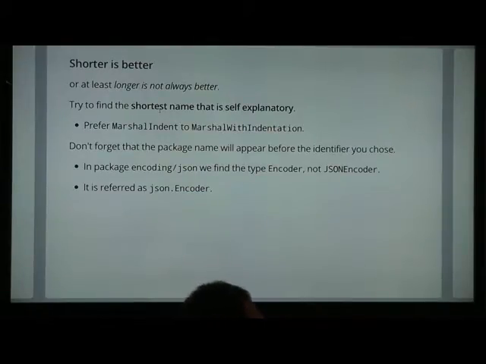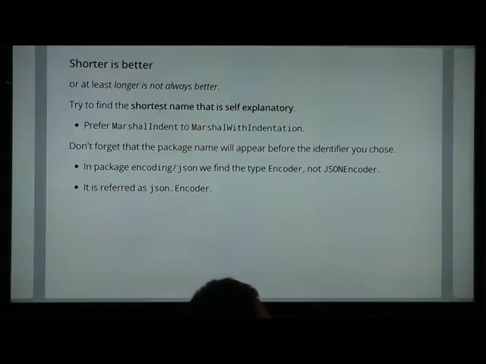And something that very often we forget is that when you're using a type or a variable from outside of your package, it always has to have the package name. So for instance, if you're using the JSON package, inside there's a type called Encoder, and it's not called JSONEncoder. Why? Because outside of the package, you're always going to refer to it as json.Encoder.